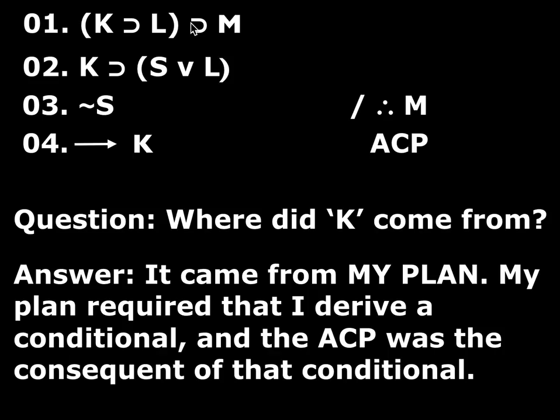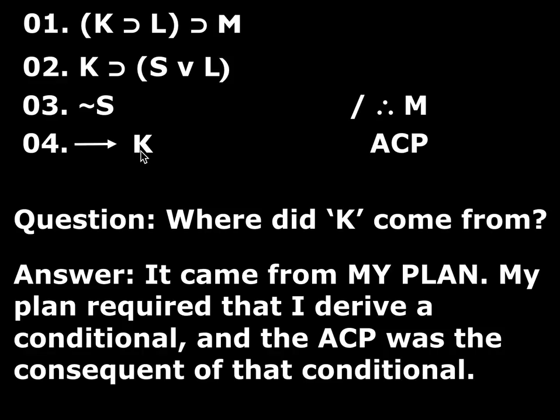Whenever I decide that I want a conditional, whatever that conditional was, its antecedent is the ACP. So that's where K came from. It was the antecedent of a conditional that I wanted.